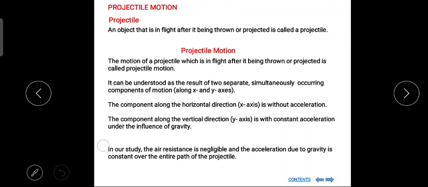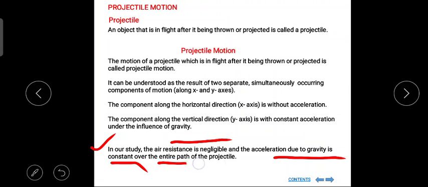Now in our study, this is the second assumption: air resistance is negligible and the acceleration due to gravity is constant. It is not changing with time, not changing with position, not changing with any other object over the entire path of the projectile. So I have made three assumptions.